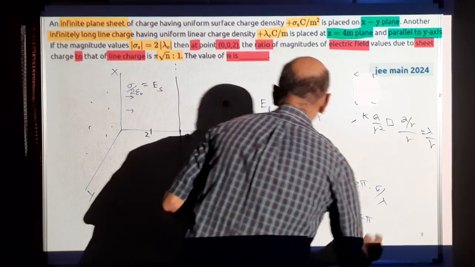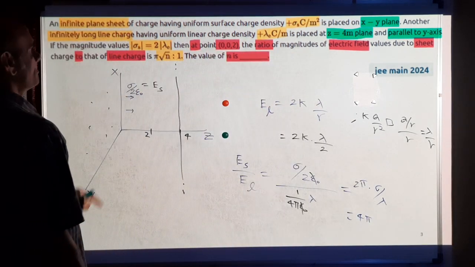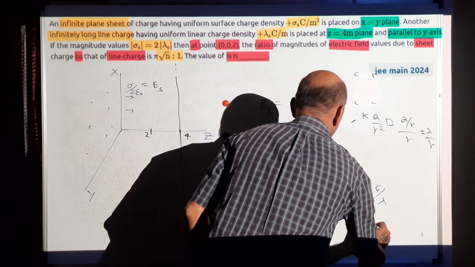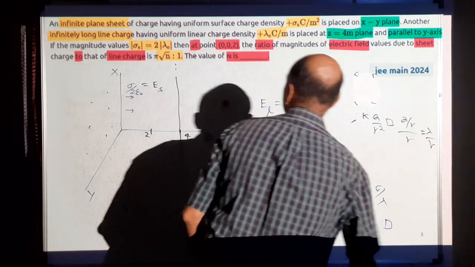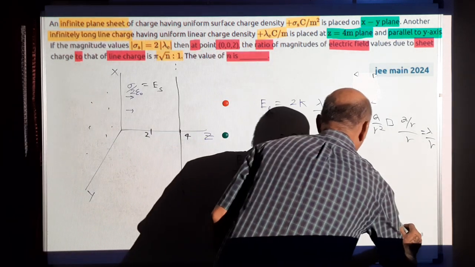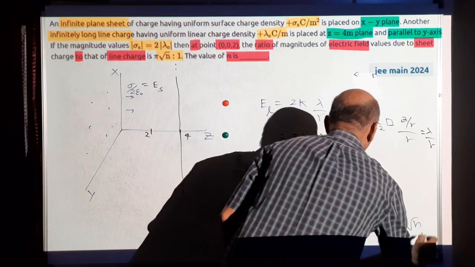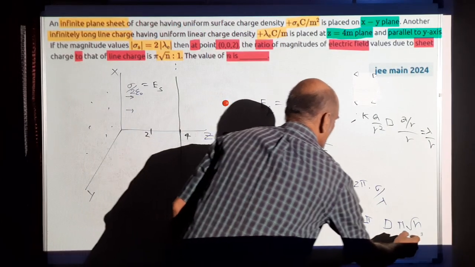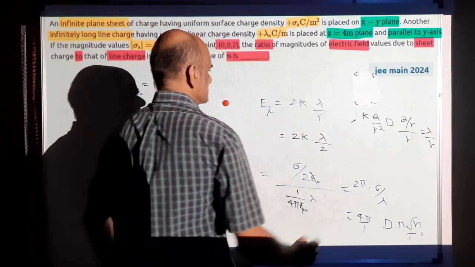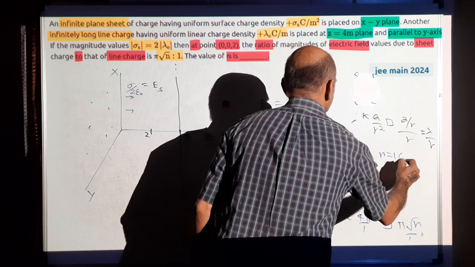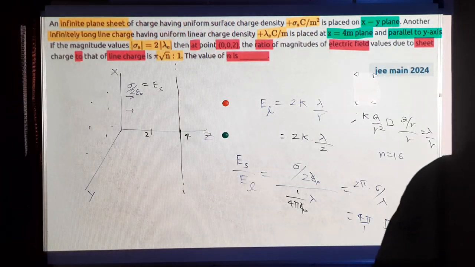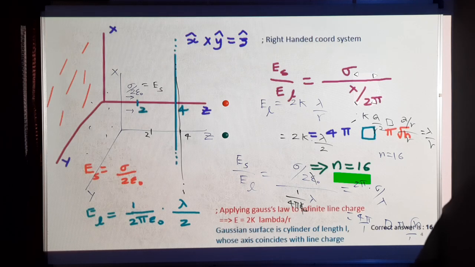So this 4 pi, this has to be compared with 4 pi by 1. This has to be compared with pi root n by 1. So this means n should be 16. 16 is the correct answer.